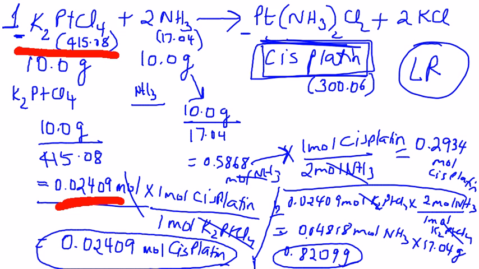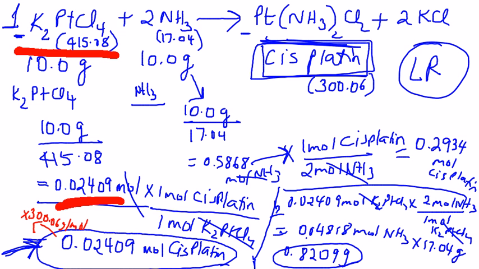Okay, the last question asks how many grams of cisplatin are formed. Realize when we first calculated the moles of cisplatin that will be formed, we calculated that to be 0.02409. To calculate the grams, simply multiply this number by 300.06 grams per mole, because that is the molar mass of cisplatin.